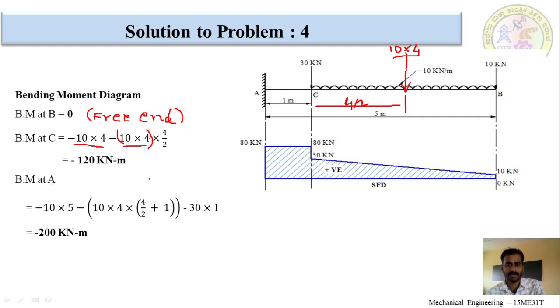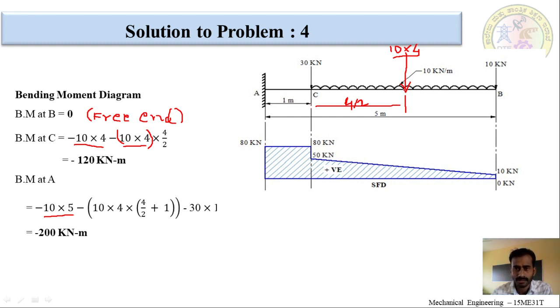Now, moving on to the third bending moment value, that is bending moment at A, which is equal to again the load into distance. Load into perpendicular distance is minus 10 into 5. So, this is for the point load, and again for the UDL it is minus 10 into 4 is the value into the distance is 4 by 2 from here to here, plus this distance is 1.